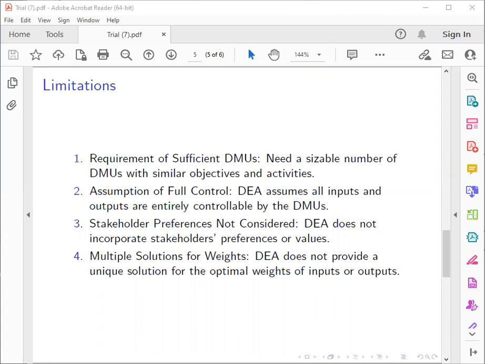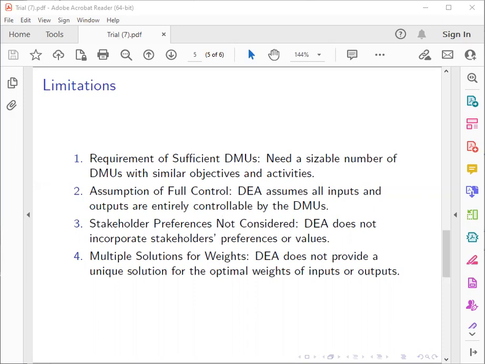DEA assumes that all inputs and also the outputs of healthcare providers are entirely controllable by the DMUs themselves. In the real world, this is not the case, okay? There are external factors such as demand fluctuation, patient characteristics, regulation, and many others that can impact the efficiency of healthcare providers and also the modeling.